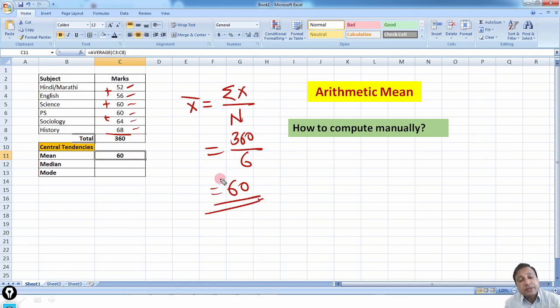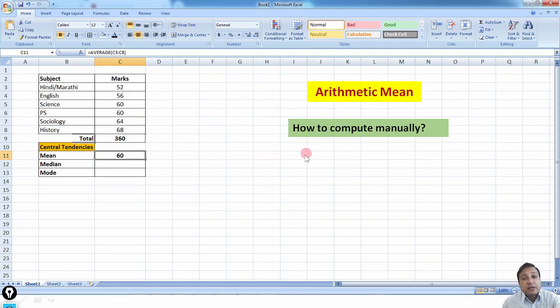If you are computing the arithmetic mean manually, you will have to use this formula. But usually if you have MS Excel or SPSS, there is really no need to go manually. All this work will be done by the software, and it will directly give you the output, the results. So this is the way we read and interpret the arithmetic mean.